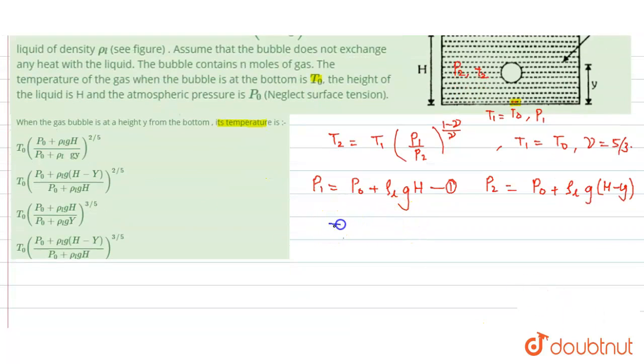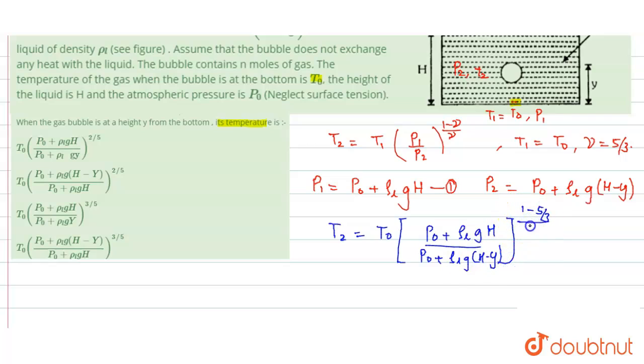T2 will be equals to T0 times P1, which is P0 plus density of the liquid G H, divided by P0 plus density of the liquid G into H minus Y, to the power 1 minus 5 by 3 divided by 5 by 3.